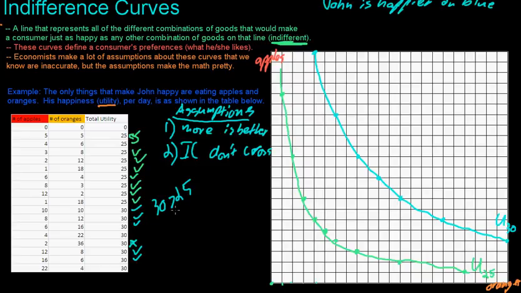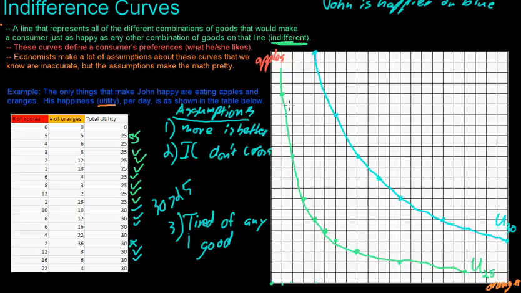And then another one that I think is really interesting is that there are diminishing marginal returns, which basically means that the curves are shaped like this. As you eat more and more oranges, you get tired of eating oranges, is what they're really saying. So you get tired of any one good, because as you eat a ton of apples, you need to eat more and more apples to sacrifice that last orange.